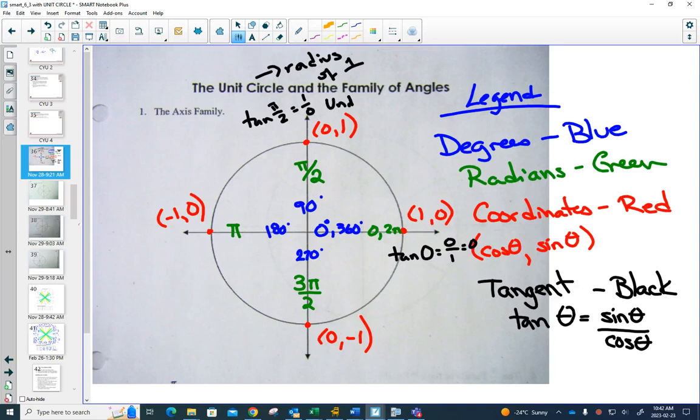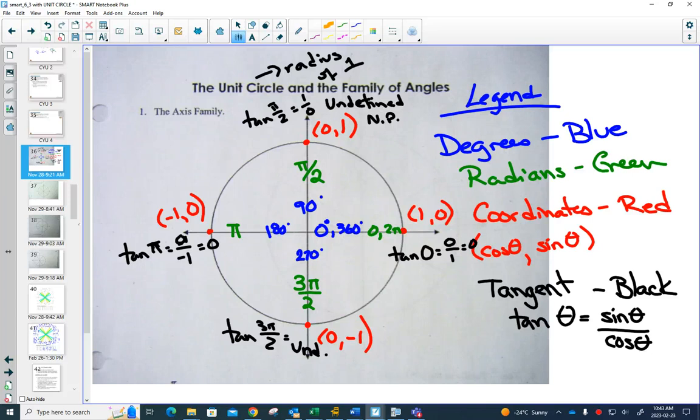This is not possible, so we write undefined. Undefined, or not possible. Tan of pi would equal 0 over negative 1. So tan of pi is equal to 0. And tan of 3 pi over 2 is undefined again, because it would equal negative 1 over 0.